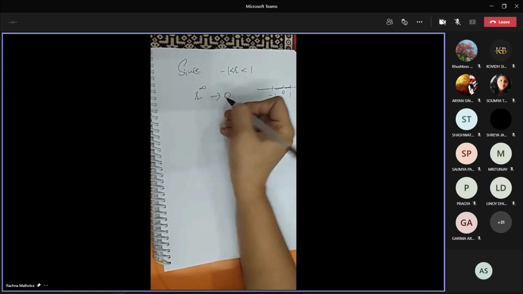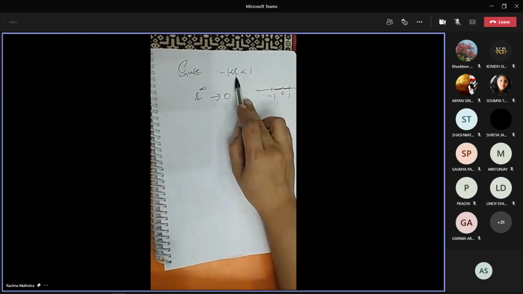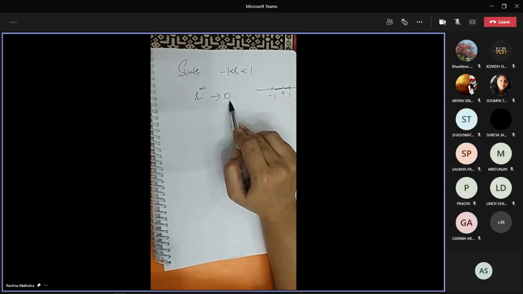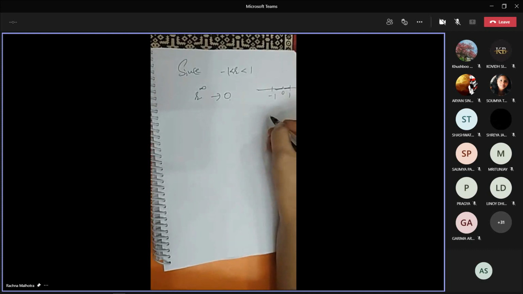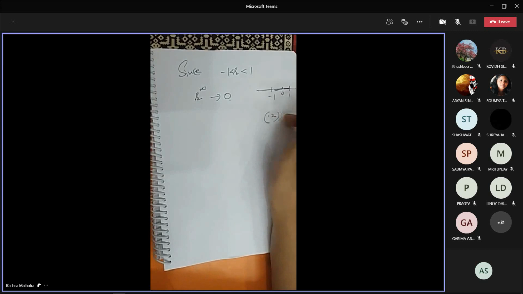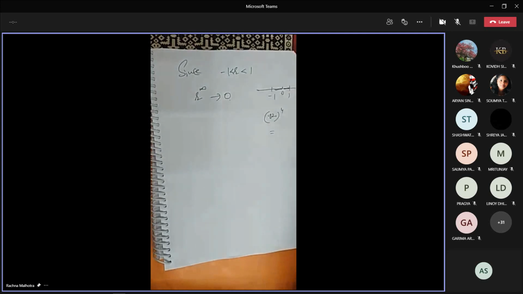That will be 0. Because when you study the higher powers of points, the answer will get smaller. Suppose 0.2, I'm studying the higher powers of 0.2. Let's make it a little smaller once more. 0.2 to the power 4. Please tell me its value will be 0.0016.